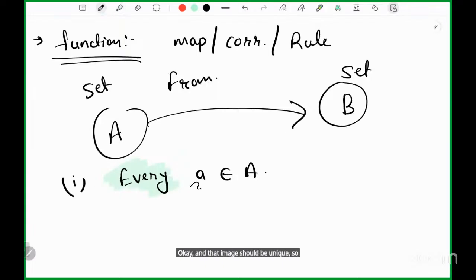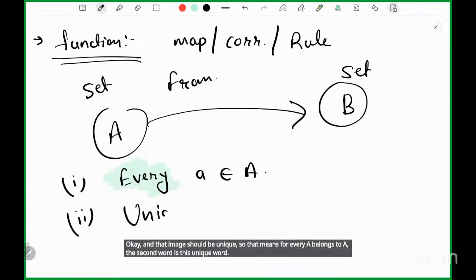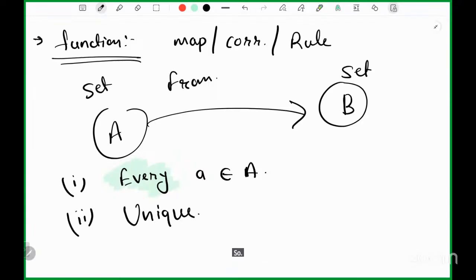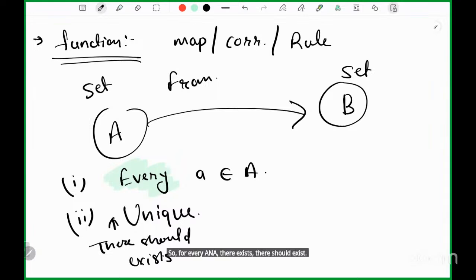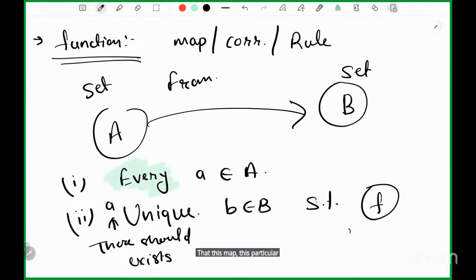So for every a in A, the second word is this unique word. For every a in A, there should exist a unique b in B such that this particular map f will take a as an input and give us b as an output.